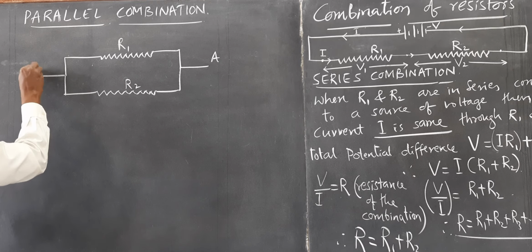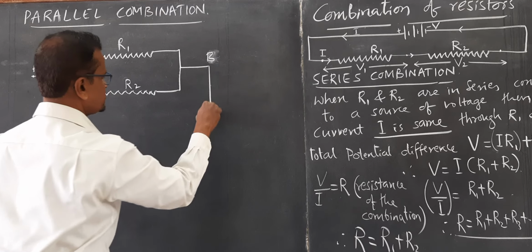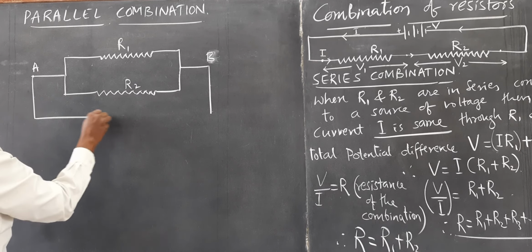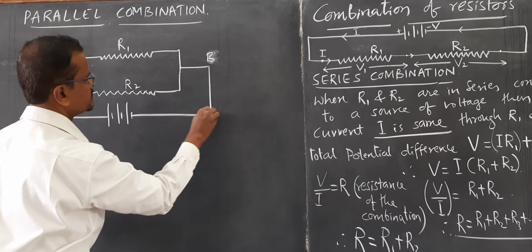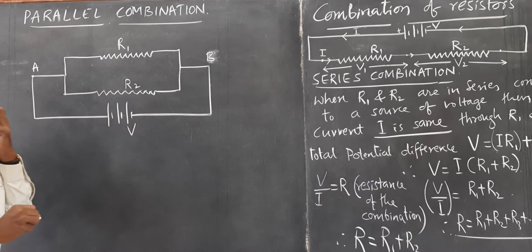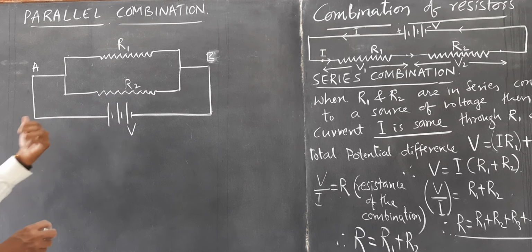Let us say this is A and this is B. When these are connected to a source of voltage which supplies a voltage V, then such a combination is called a parallel combination. So, what happens when it is connected in parallel?